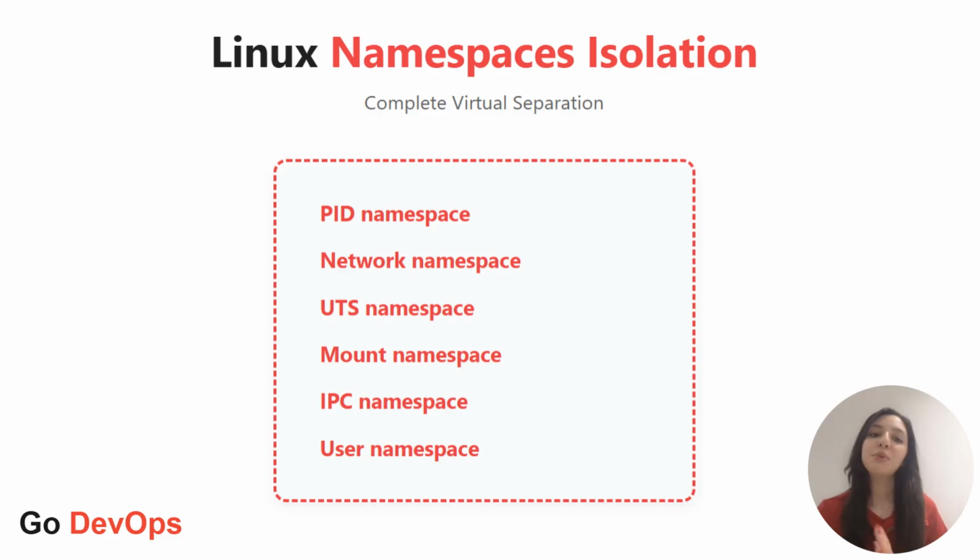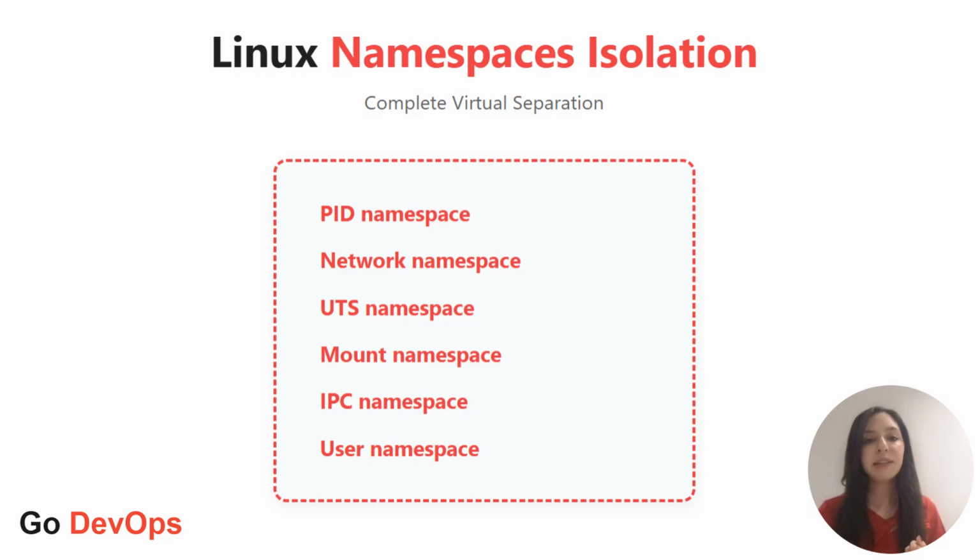So Linux namespaces provide virtual separation for almost every critical system resource. They isolate process IDs, so each container has its own independent set of running processes. Networking is separated, so containers have their own network stacks and interfaces.